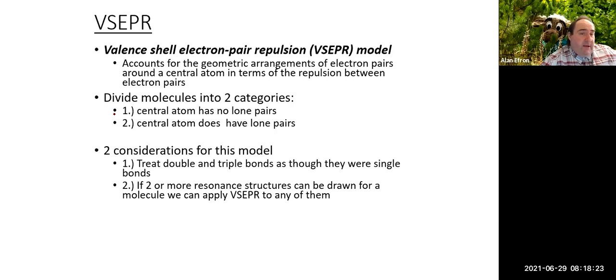Now, when we do talk about geometry, as I mentioned a second ago, there are really two types of geometry, or two names of geometry, that we talk about. One describes the three-dimensional arrangement of how the electrons are around the central atom. So when we look at the electrons, it's how those electrons are around the central atom.